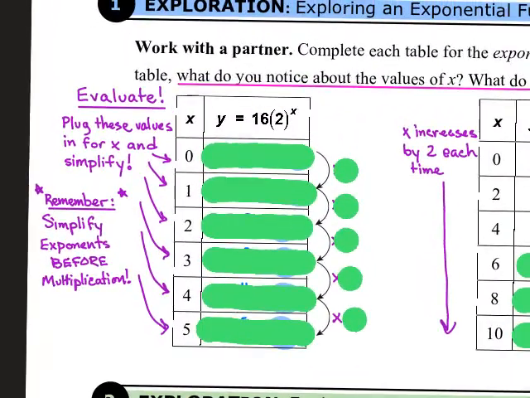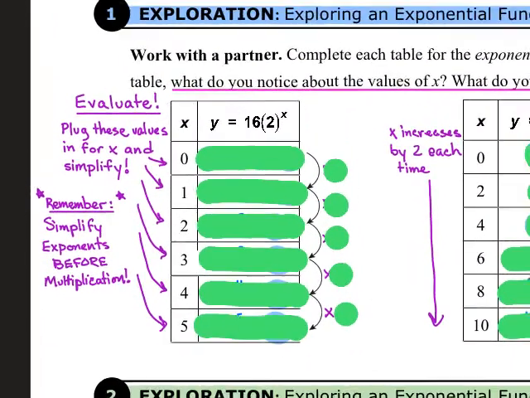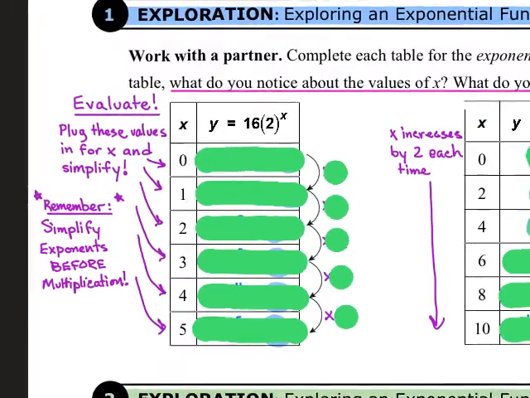All right, the first thing we're going to do, so we have our function here. And so to evaluate a function, remember, nothing really changes. We're going to take the values that they give us for x, which are, if I can use my laser pointer right here. All right, these are the values they give us for our independent variable x. And they want you to put a 0 in, a 1, a 2, 3, 4, 5.